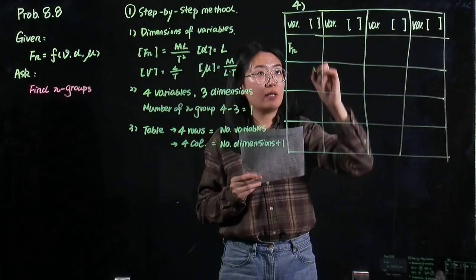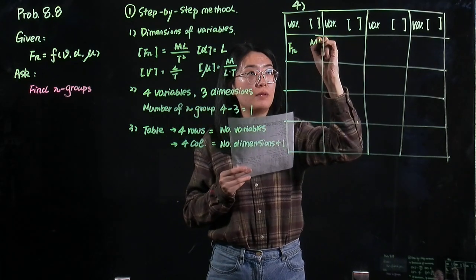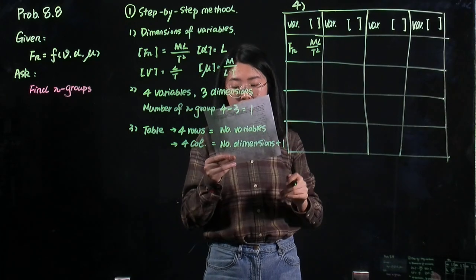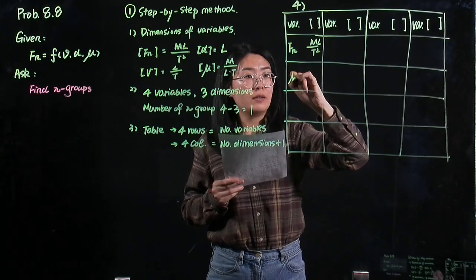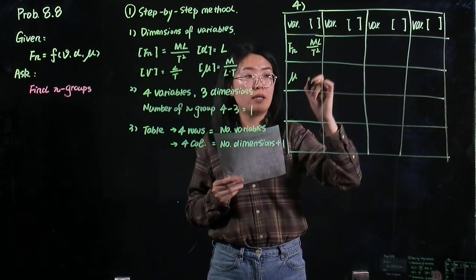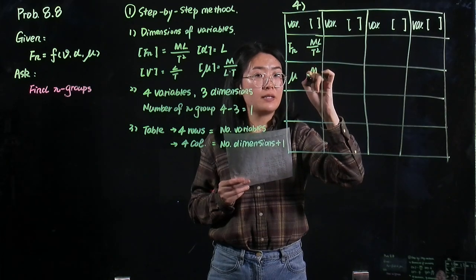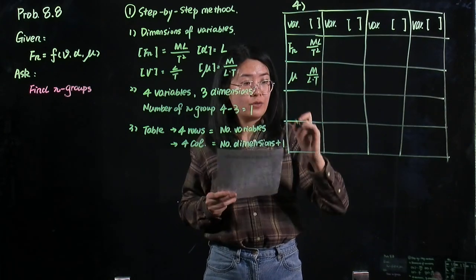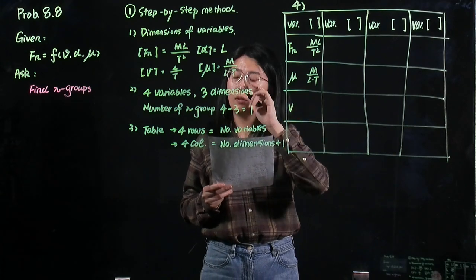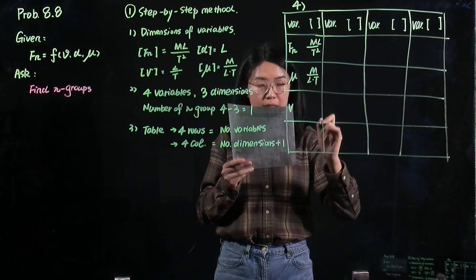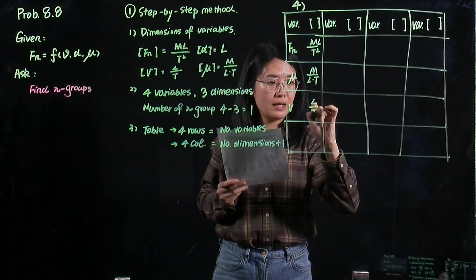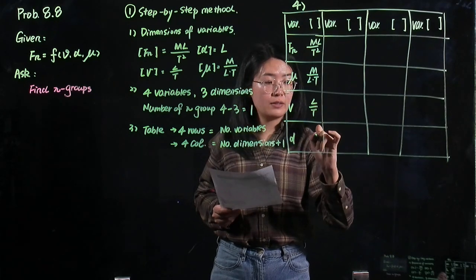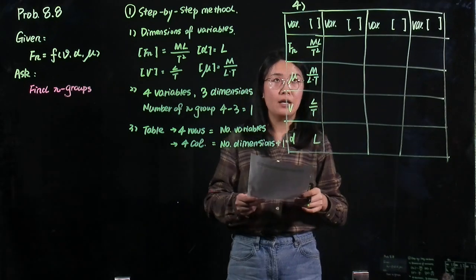Its dimension is M L divided by T squared, we put here. And then the next one is the viscosity. Its dimension is M over L times T. The third one is the velocity. Its dimension is L over T. And the last one is D, the diameter. Its dimension is L, right?